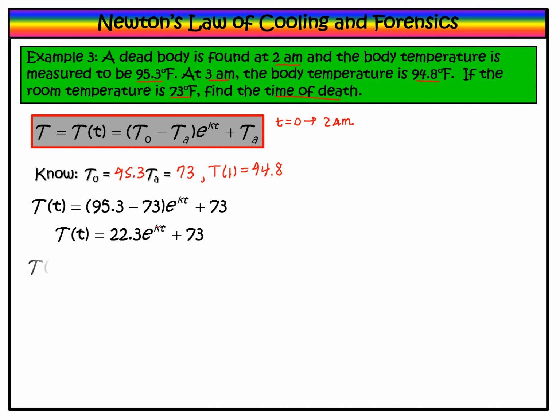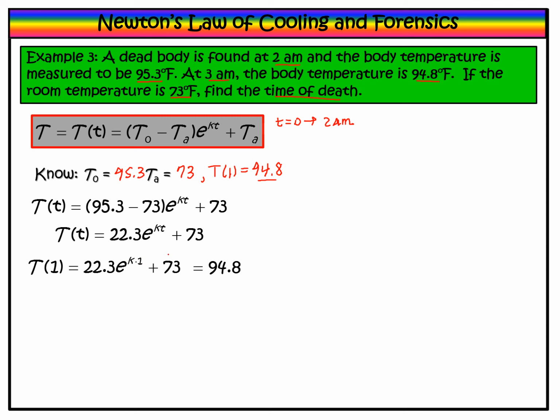So what we know is that T at time 1 is going to be 22.3 e to the k times 1. So we plug a 1 in here for t, plus 73. And we also know that that value is 94.8. This guy right here, T at 1, 94.8. So this will let us solve for k.